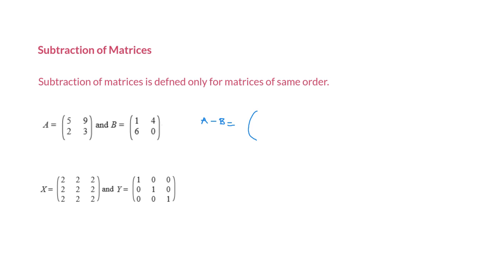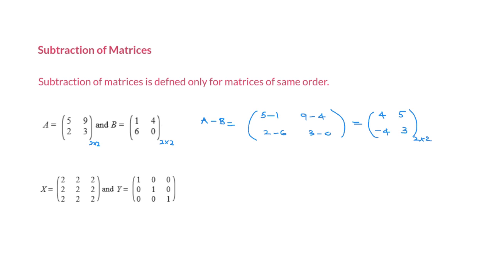So 5 minus 1, 9 minus 4, 2 minus 6, 3 minus 0. So what's the answer? You have 4, 5, minus 4 and 3. This is also 2 by 2.